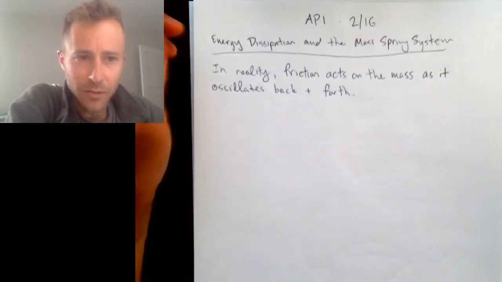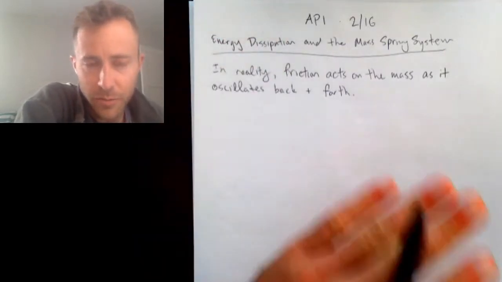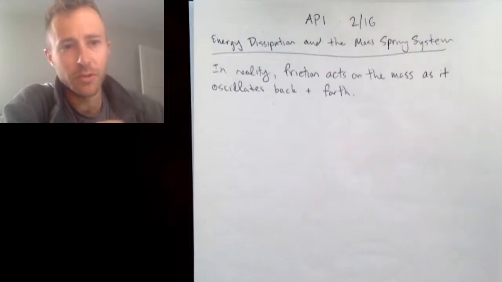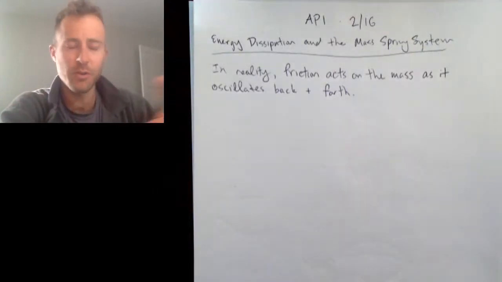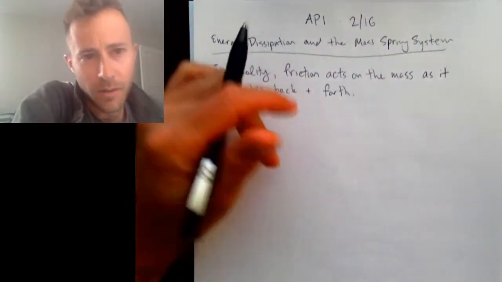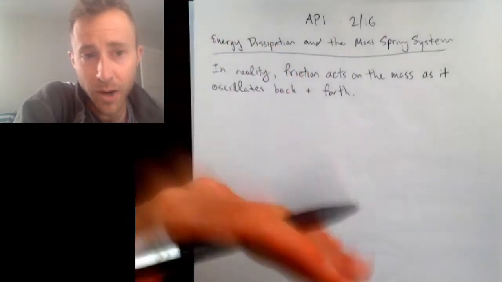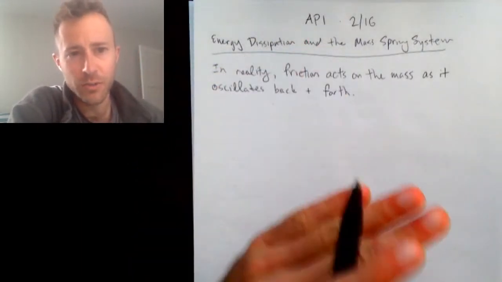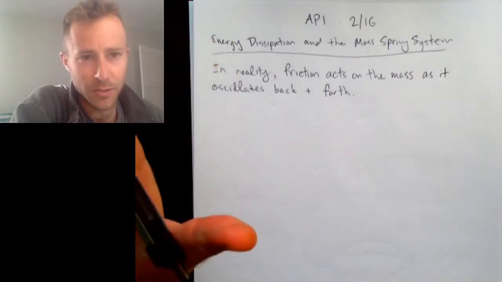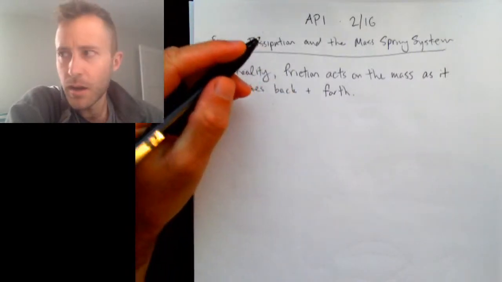So when I introduced the mass spring system to you, I specifically said it's a frictionless surface. There's no air resistance, but none of that is going to be true. It could be approximately true, but it's not going to be exactly true in a real mass spring system.